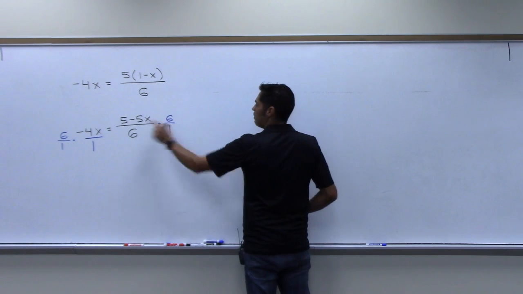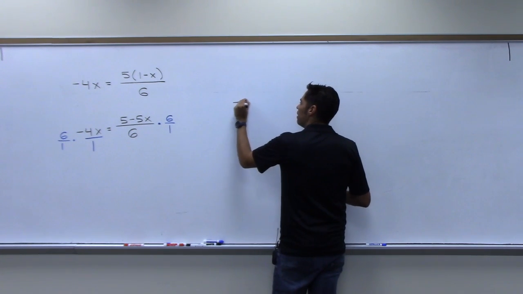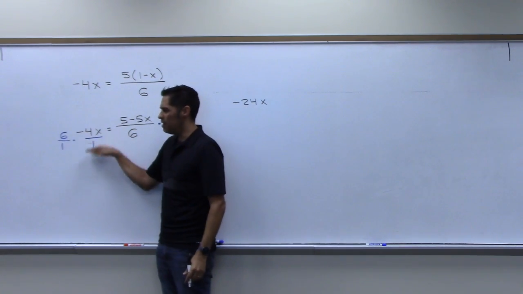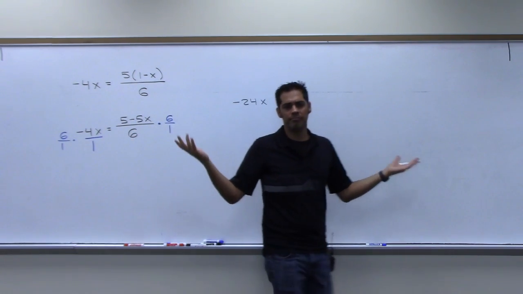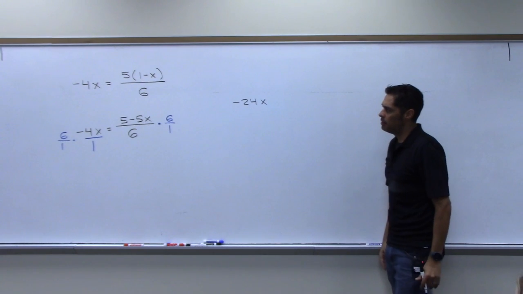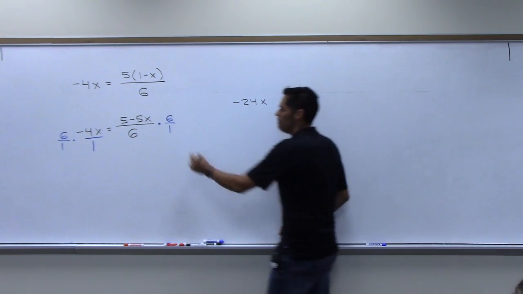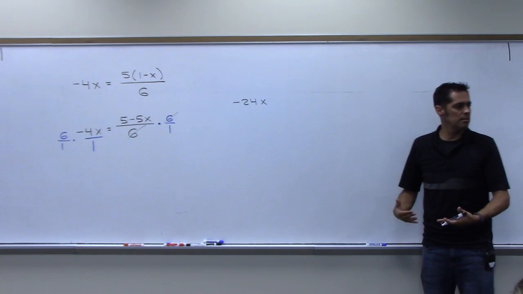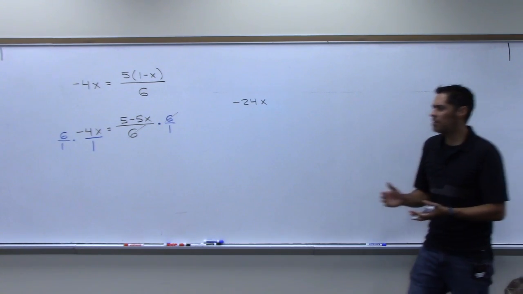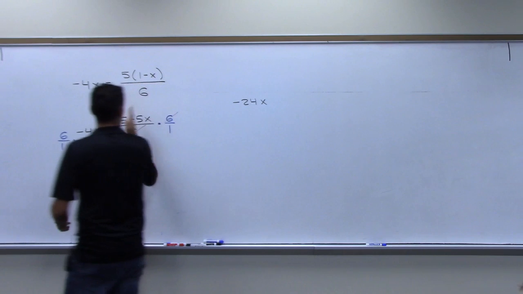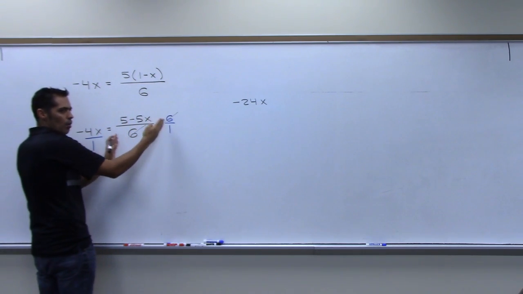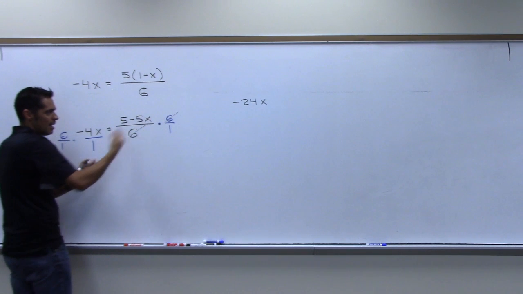On the left side of the equation, I should just get negative 24x. That's what I get when I multiply straight across. And then over 1. On the right side, though, those 6's cancel, which is why I did it. I don't necessarily need to distribute the 6 through here, because then I don't get the cancellation. So the whole point of coming in with 6 was to make that happen.